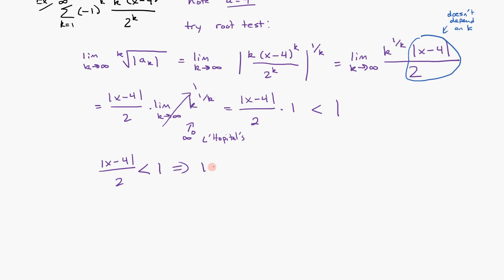So simplifying this, we get absolute value of x minus 4 is less than 2. So then we can write this as x minus 4 is between 2 and minus 2. And so adding 4 to both sides, you get 2 is less than x is less than 6.